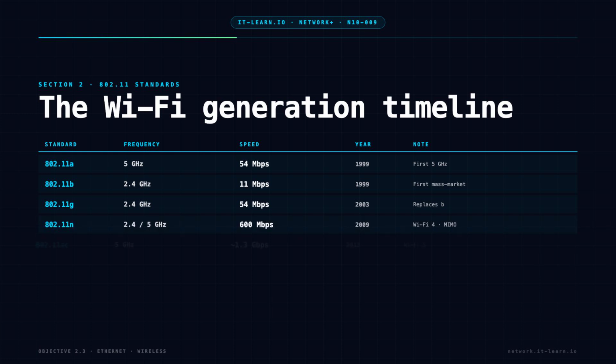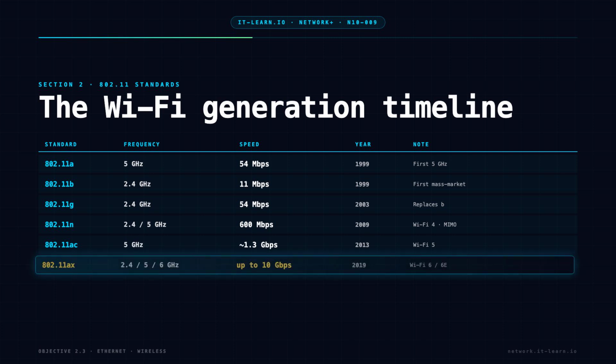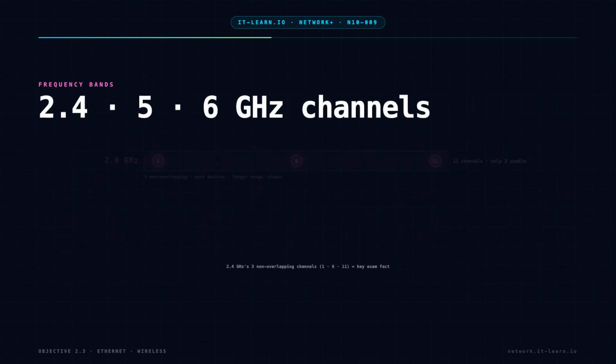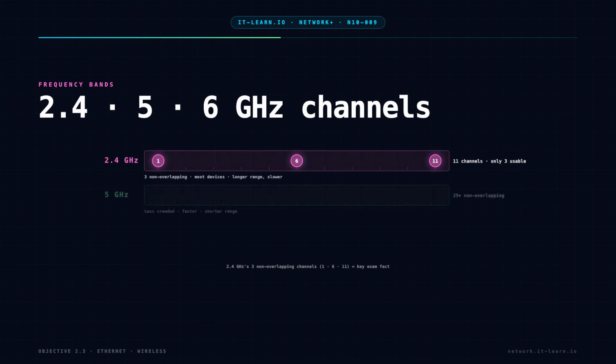802.11n, also known as Wi-Fi 4, operates in both 2.4 and 5 GHz bands with speeds up to 600 megabits per second using MIMO, or multiple input, multiple output technology. 802.11ac, or Wi-Fi 5, operates in the 5 GHz band with speeds up to several gigabits per second using MU-MIMO. 802.11ax, or Wi-Fi 6, operates in both 2.4 and 5 GHz bands with improved speeds, efficiency, and performance in dense environments using OFDMA and MU-MIMO.